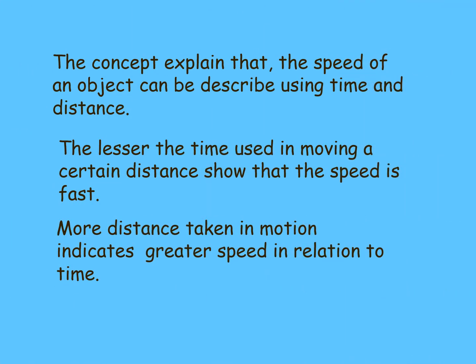The concept explains that the speed of an object can be described using time and distance. The less time used in moving a certain distance shows that the speed is fast. The more distance taken in motion indicates greater speed in relation to time.